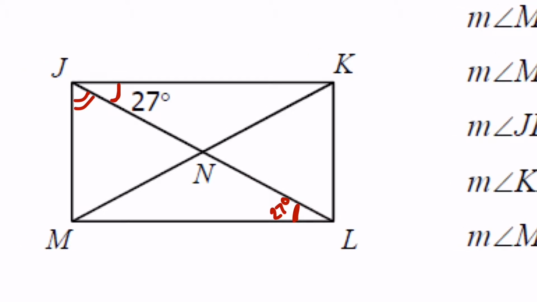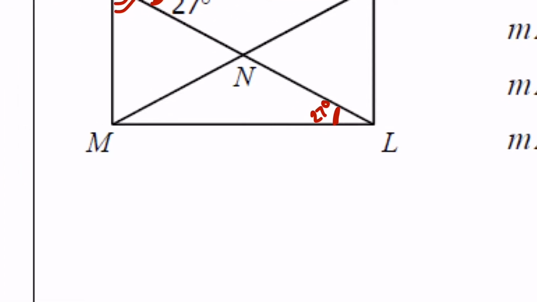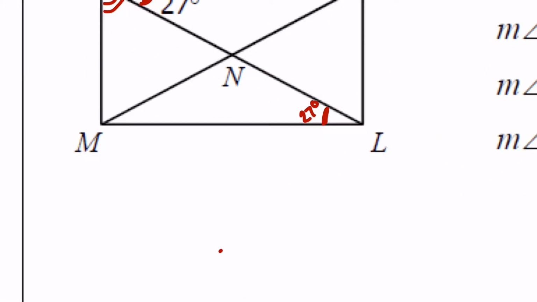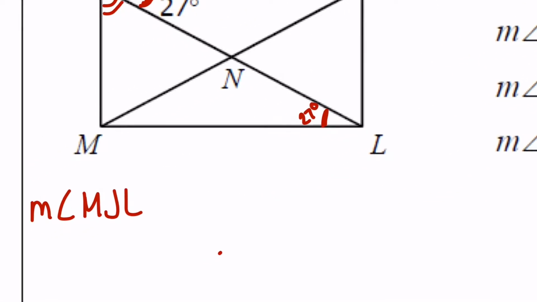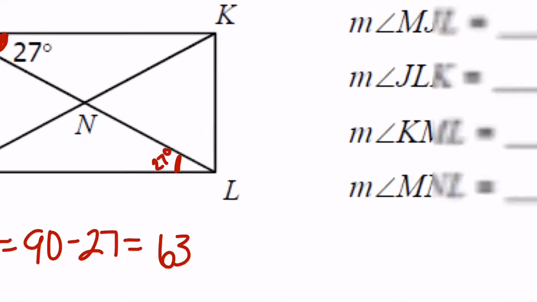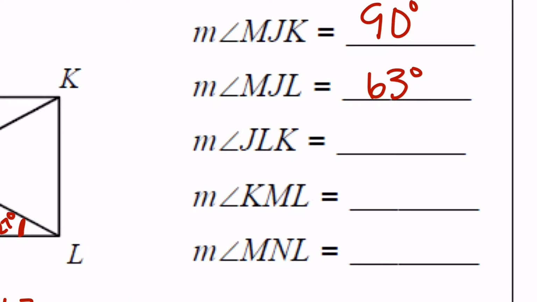Since we know MJK is 90 degrees, that this whole thing is 90 degrees, and I know that KJL is 27 degrees, to find the measure of angle MJL, that's what I'm trying to find, I can take 90 minus 27, and that's going to tell me that angle. And so MJL is equal to 63. So MJL is 63 degrees.